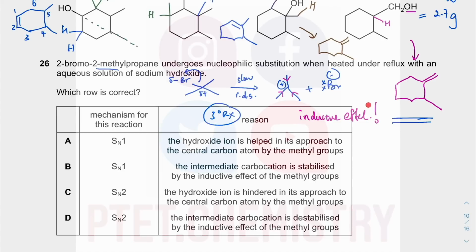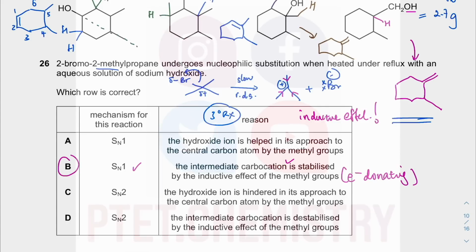I think I cover specifically what this inductive effect is all about. And here we have 3 electron donating groups, the alkyl groups. They can stabilize the carbocation by the inductive effect of the methyl groups because they are electron donating. So the electron donating groups will stabilize the positive charge there, SN1, okay?